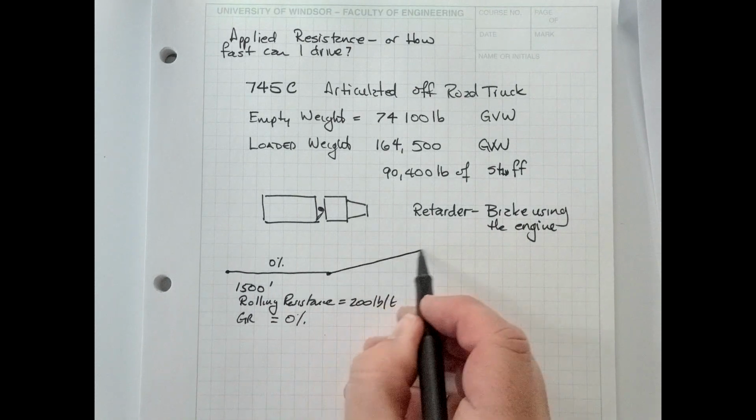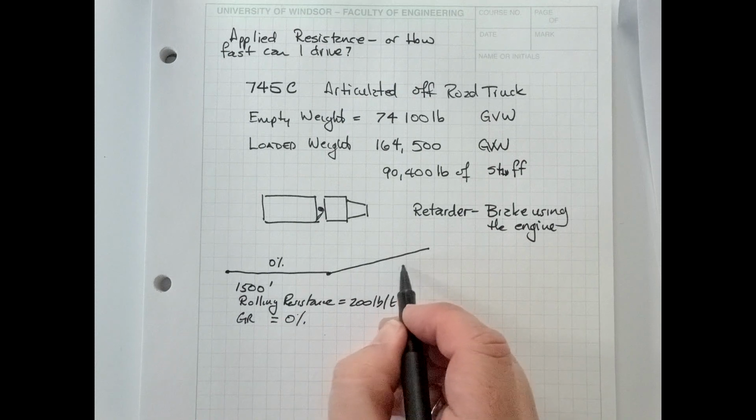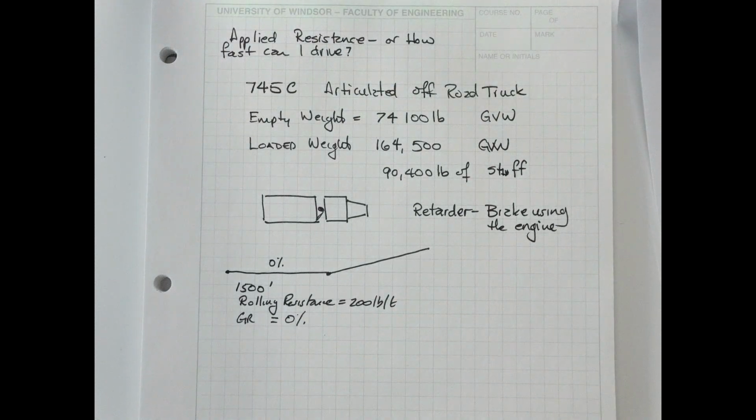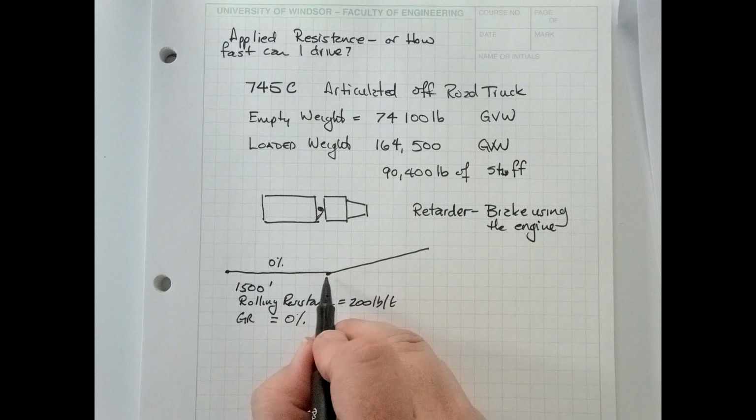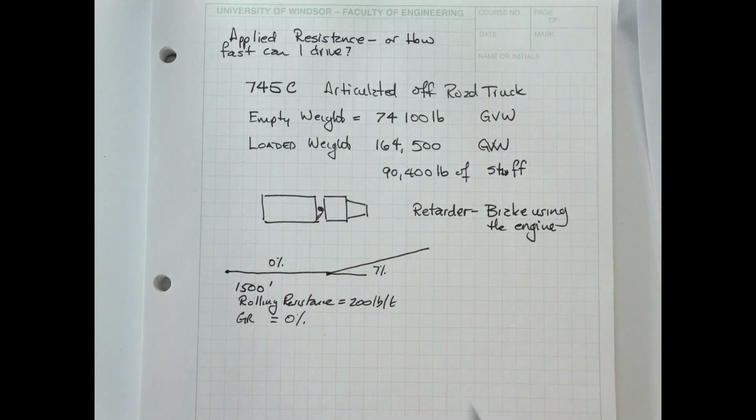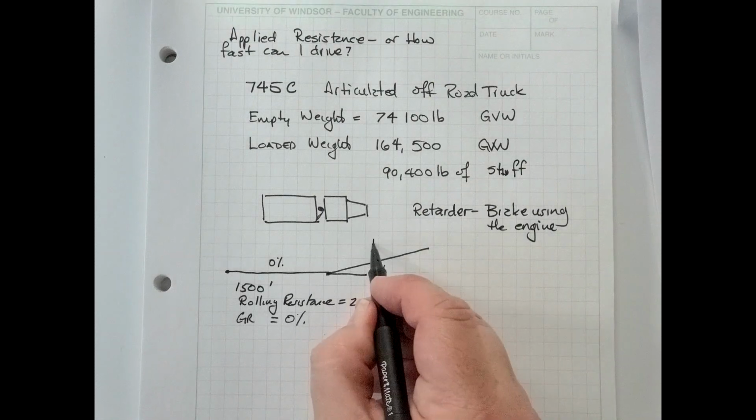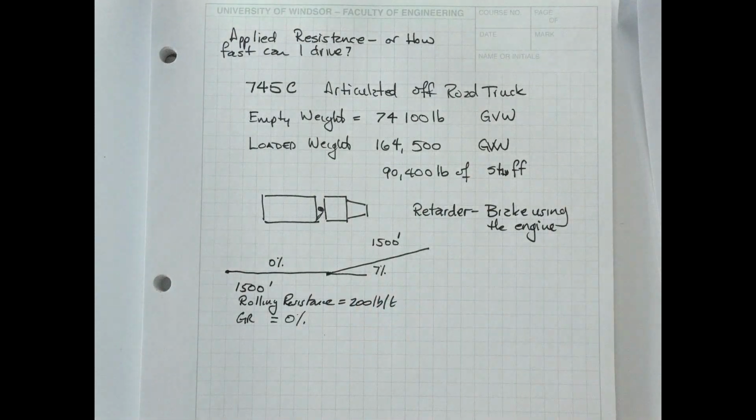Then we have a section that we're going to climb. It's going to be a little bit more complicated. This is going to climb at a 7% grade, and we're going to run another 1,500 feet. And we're estimating some of the properties of that section in terms of its ability to carry traffic.